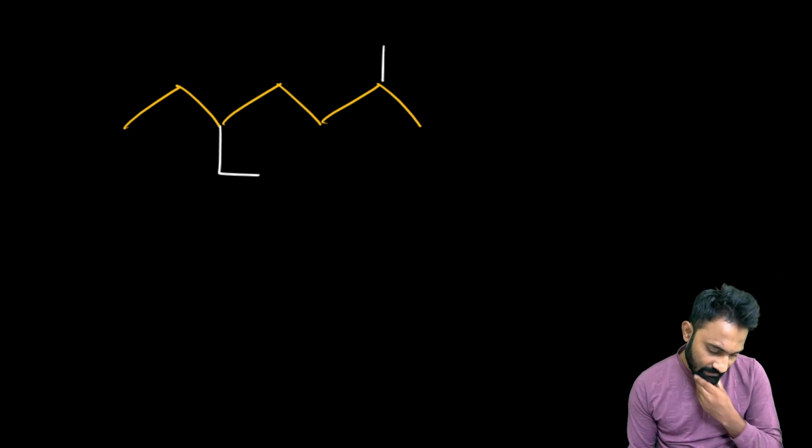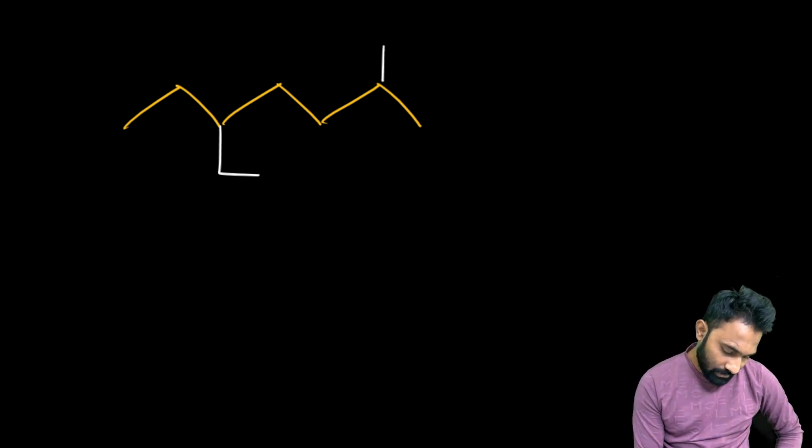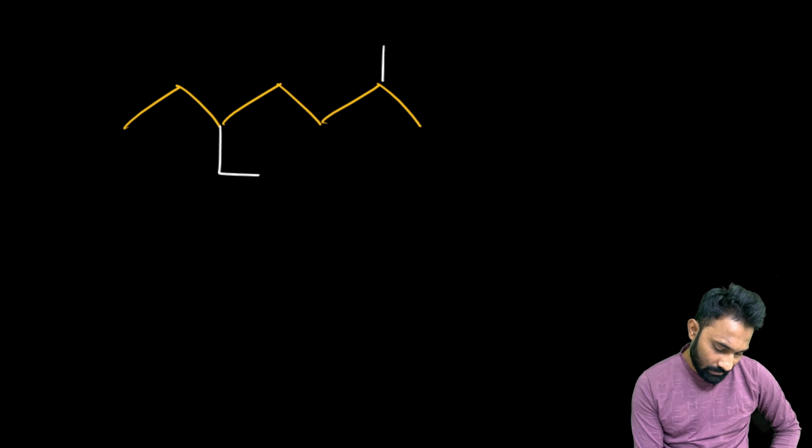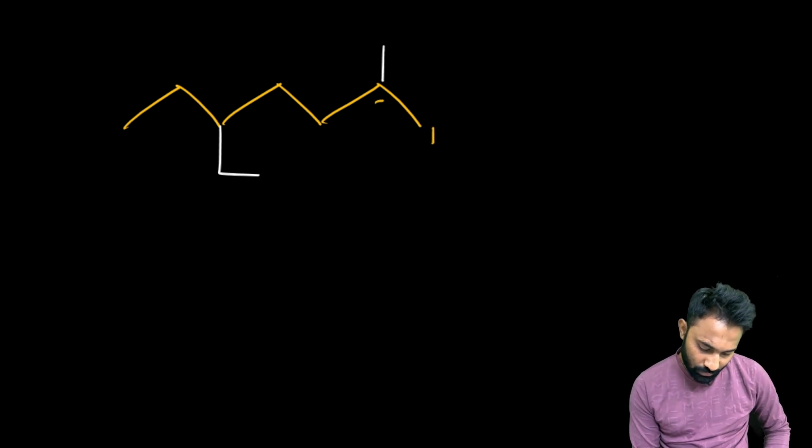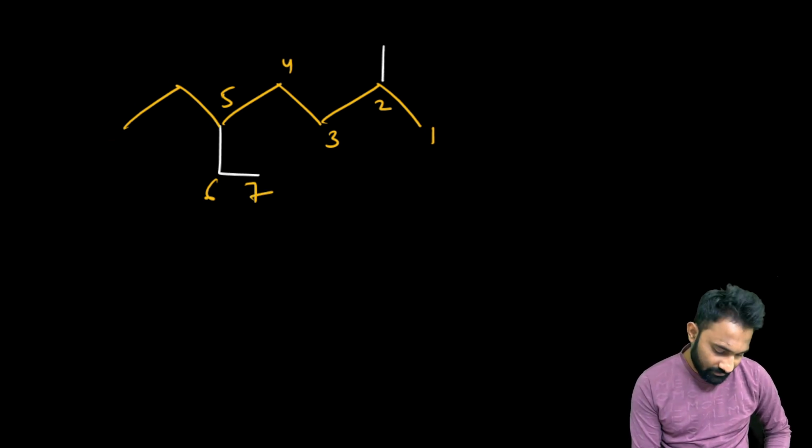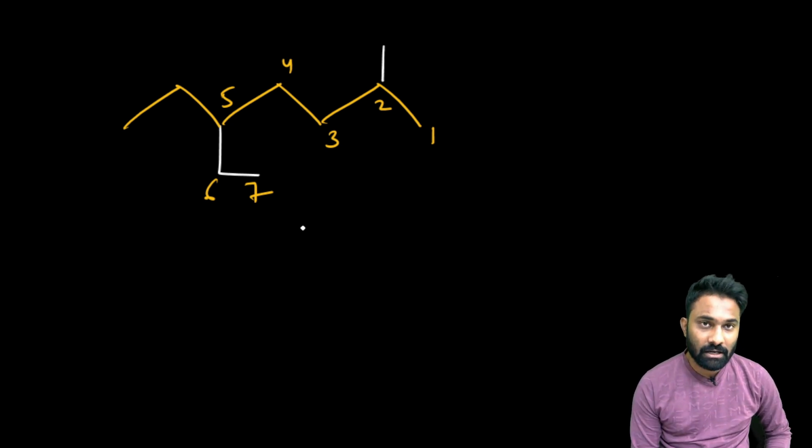Now if you choose the parent carbon chain, this one: 1, 2, 3, 4, 5, 6, 7. Anywhere it will be the same. If you choose the parent carbon chain this way, it will also be the same. Then the numbering I have given, is it correct or wrong?